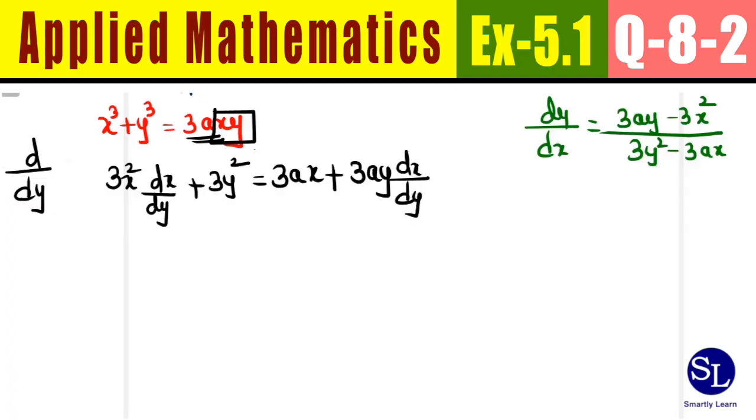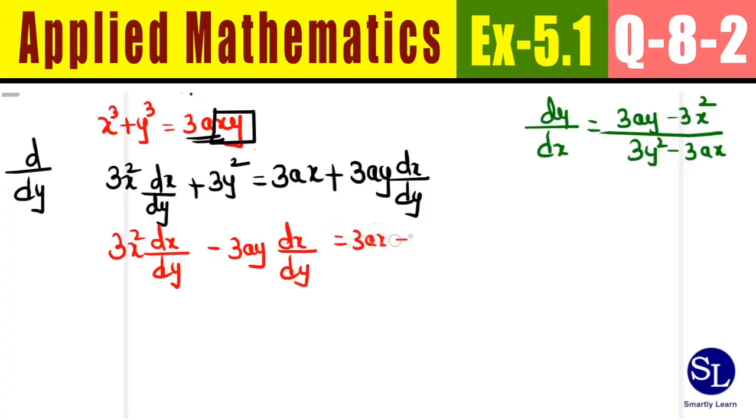Now let's regroup all the dx by dy terms on the left side. So this is 3x squared dx by dy minus 3ay dx by dy is equal to 3ax minus 3y squared. Let's take out the dx by dy term outside.